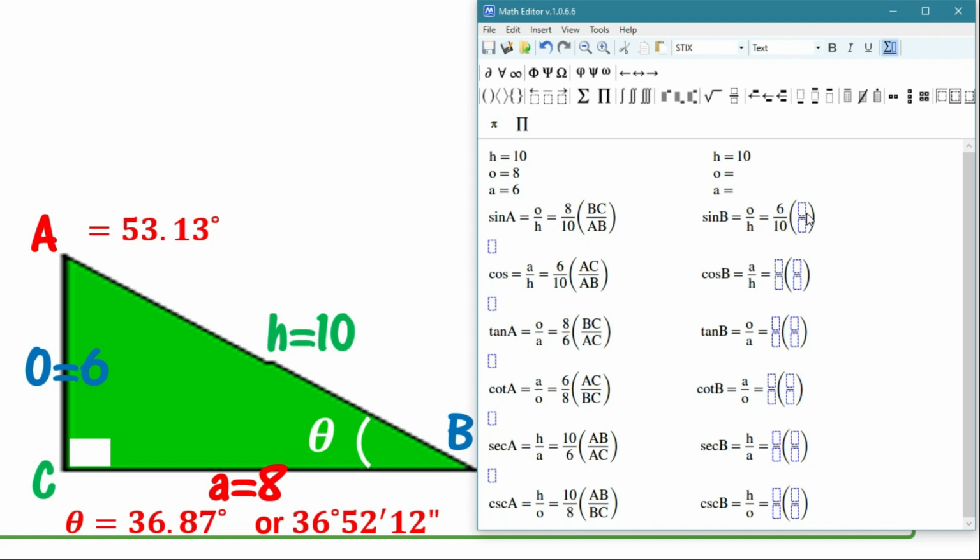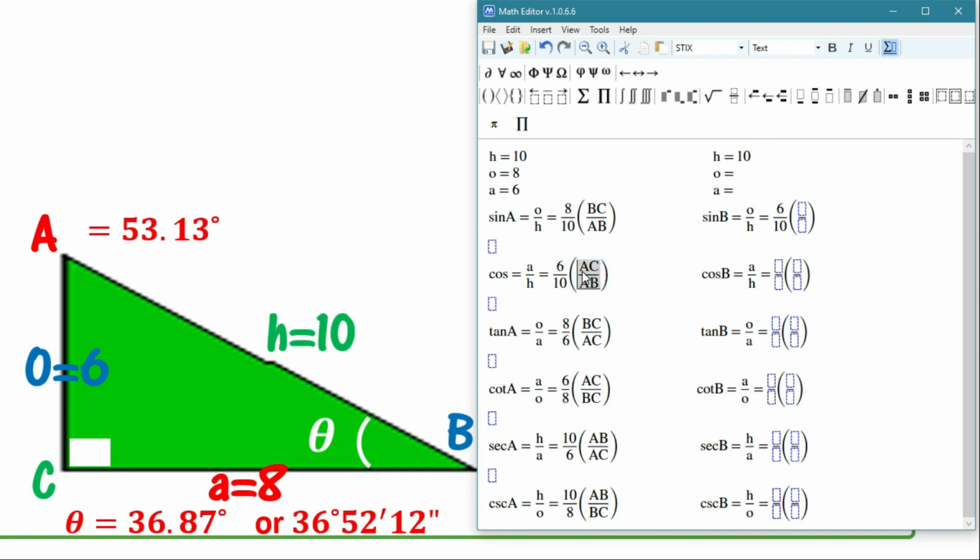Or simply, that is 3 over 5 if we reduce that into lowest terms. Alright? And the opposite side is actually side AC, and the hypotenuse is the side AB, which is this one.